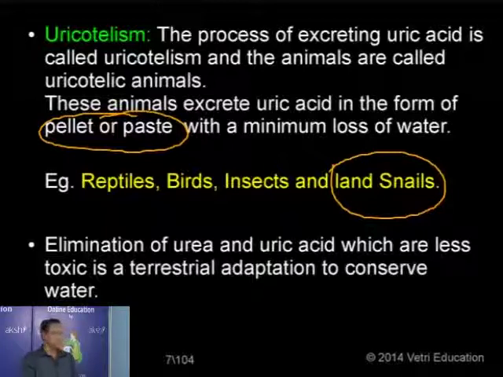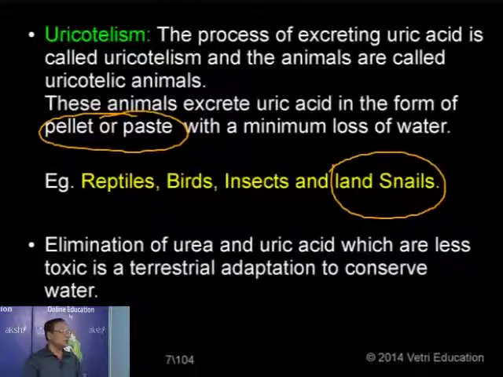Remember that. So the elimination of urea and uric acid, which are less toxic in nature, is a terrestrial adaptation to conserve water, because uric acid requires only a small amount of water for its elimination. Urea also requires only a moderate amount of water for its excretion.